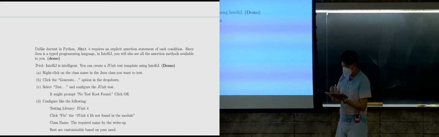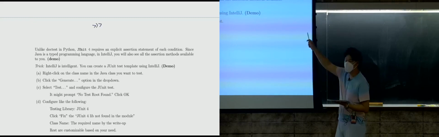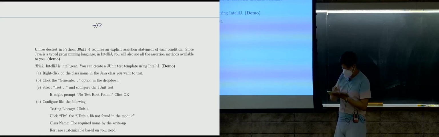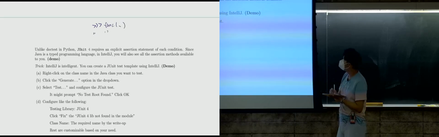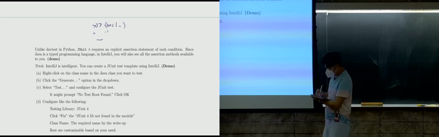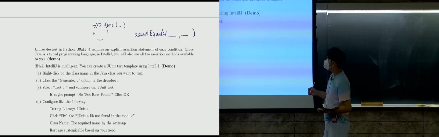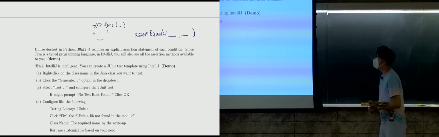It's unlike Python, where, remember in doctest, you have three smaller-than signs, then some function, some input, and here is the place where you put your expected output, right? So in Java, you need to do the assertion explicitly, assertEquals, and there are two arguments, which I will cover later.